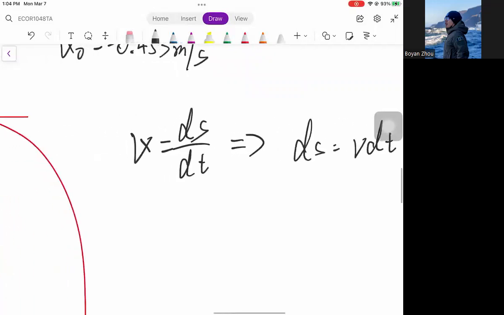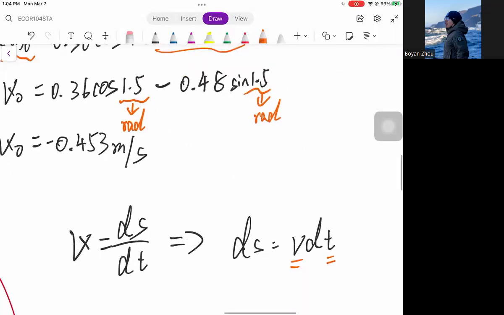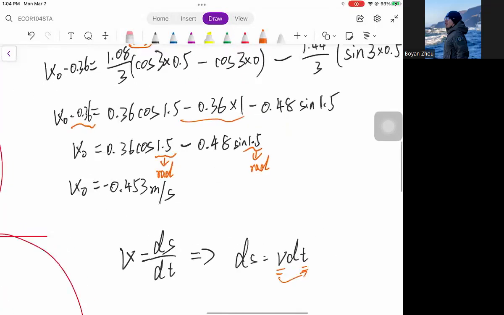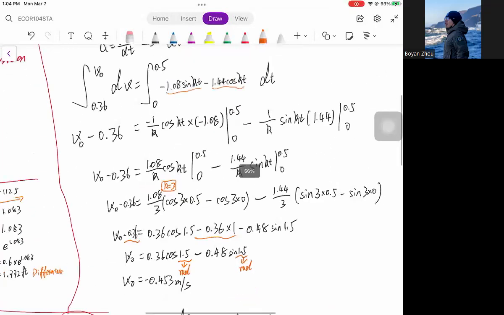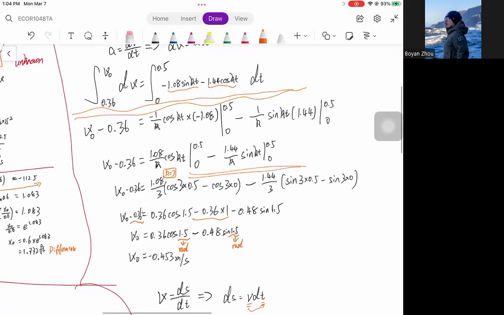Now we need an equation between v and t, and the equation between v and t is exactly what we got here.